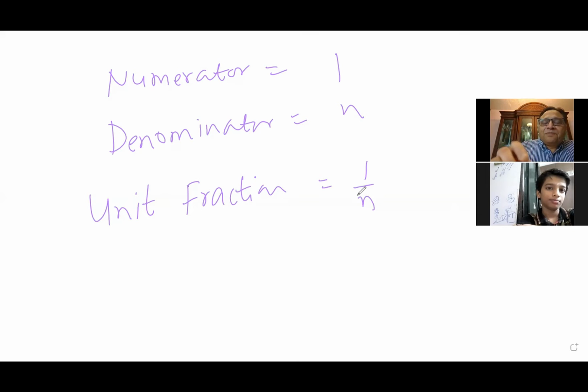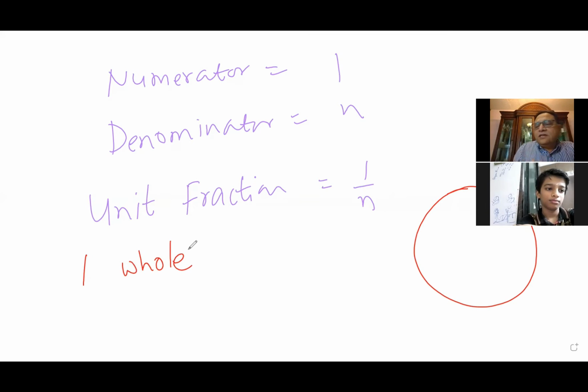So let's get started with, let me make a circle to begin with. Circle is 1 whole, right? So let's say this is my 1 whole. Now this, I could divide into equal parts. For example, let me cut this into 4 equal parts. Fine.